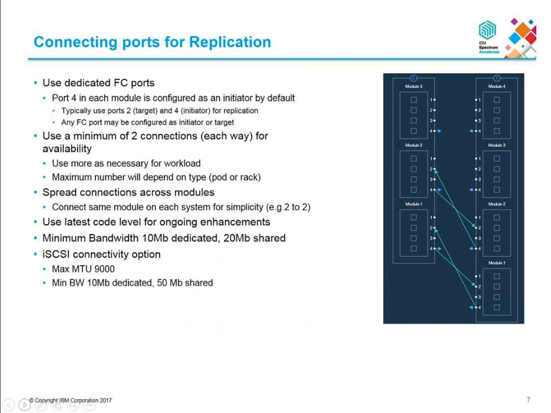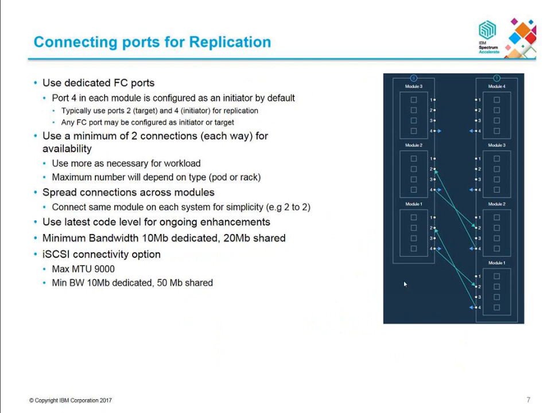But kind of the best practices, I want to create a connection between at least two modules, two grid controllers, and I do want to do that from ports 2 and 4. Ports 1 and 3 we typically reserve for host connectivity.